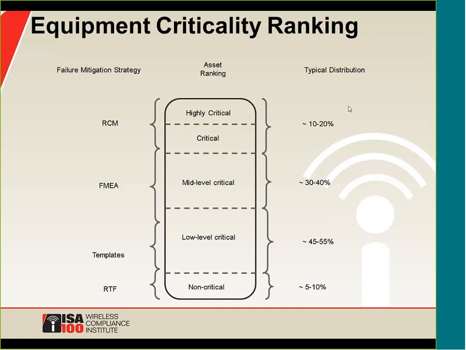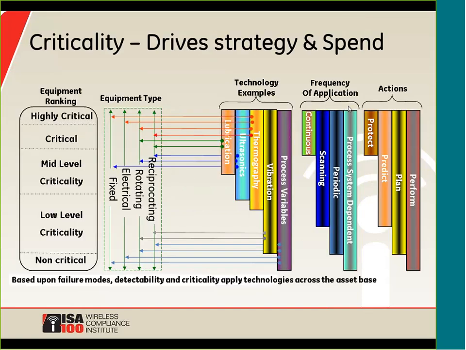It's the least expensive way to deal with those particular pieces of equipment. At the other end of the spectrum is reliability-centered maintenance on your extremely critical equipment, where if it goes down, it's extremely expensive to repair, as well as having a major impact on your production capability.